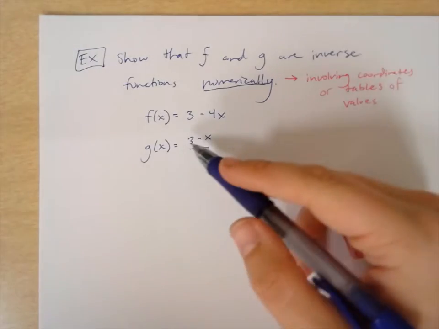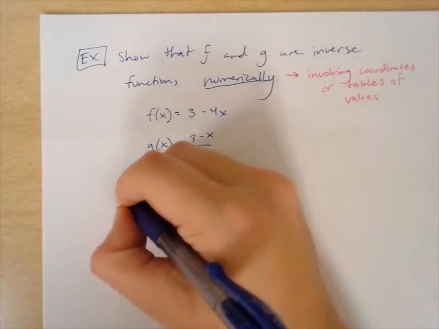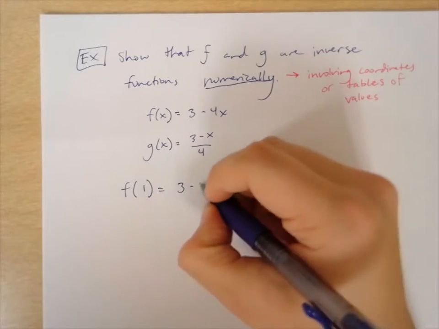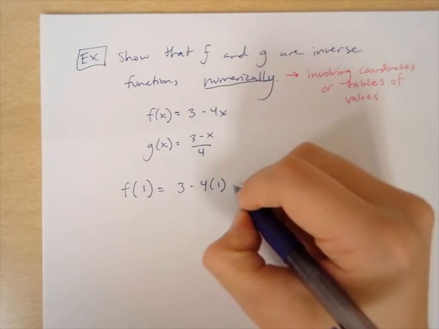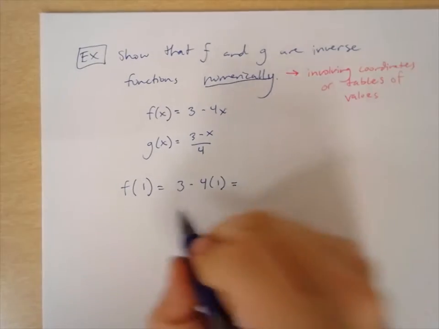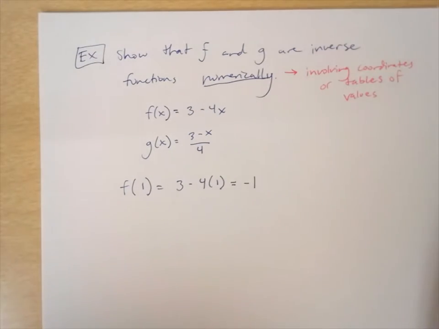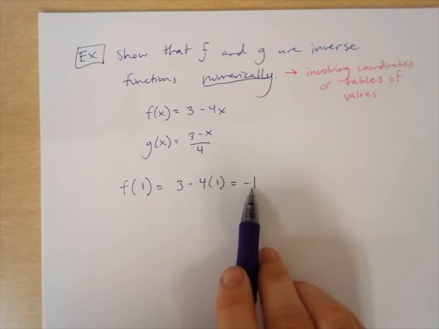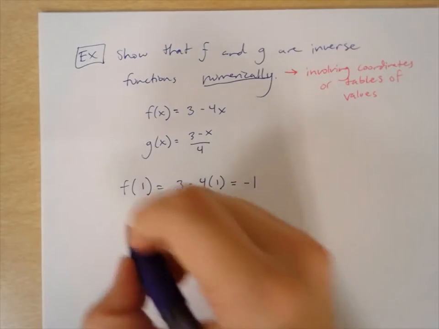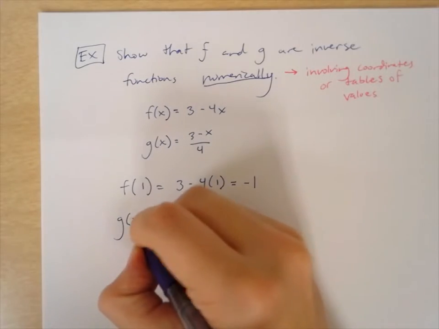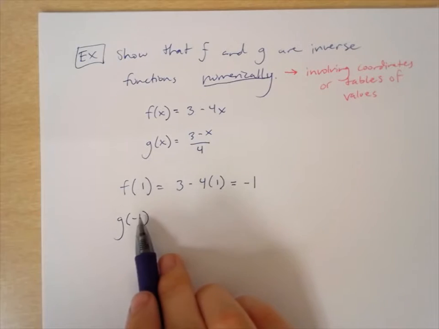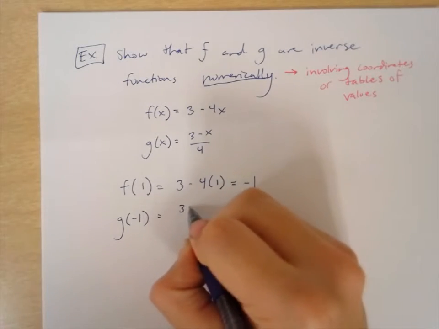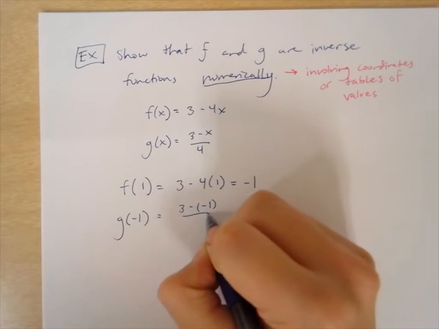Okay. So, let's find a point. If we were to take f of 1, we would have 3 minus 4 times 1, which would be negative 1. So, when we plug in 1, we get an output of negative 1. For g of x, when I substitute in negative 1, I should get an output of 1. Let's see if we do. 3 minus negative 1 over 4.